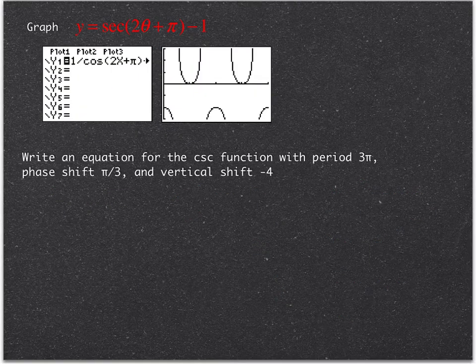The last slide here, not too lengthy of a lesson here. Could you graph this? Now, secant of 2 theta plus pi and then -1. So the key thing is when we graph secant or cosecant, it's a reciprocal function. So I have to graph it as 1 over cosine. Secant is 1 over cosine. Then I can enter the rest of this in there.